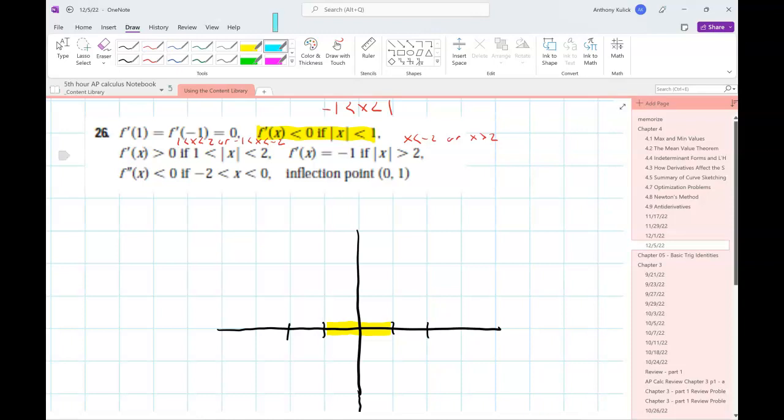And then it says that f prime is equal to exactly -1 here, where we're less than 2. So what does a slope of -1 look like? It's a diagonal line, straight line, pointing down, right?